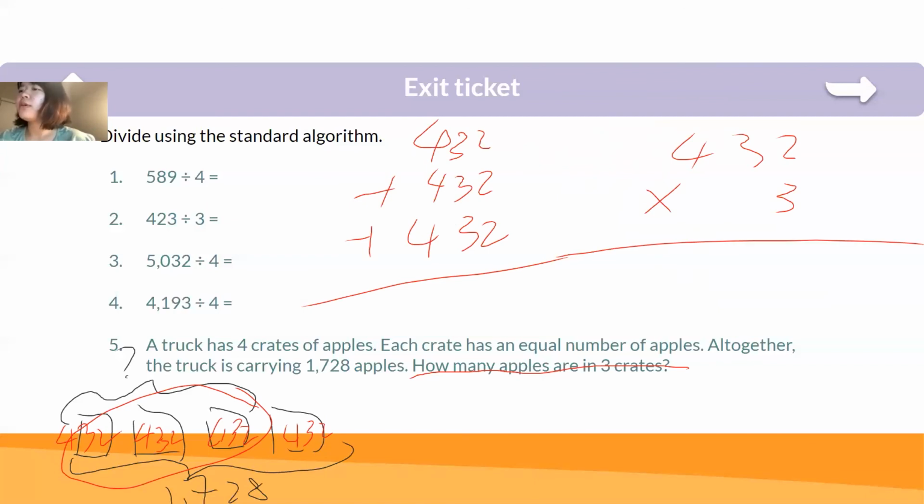Okay, so 432 times 3. So 2 times 3, 6. 3 times 3, 9. And 3 times 4, 12. So our answer for this is 1,296. Okay, and you can use this method to check your answer if you want.